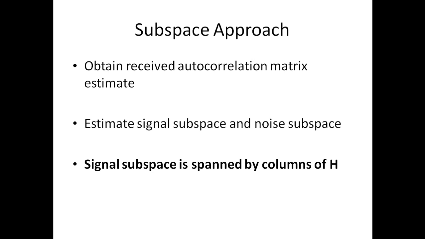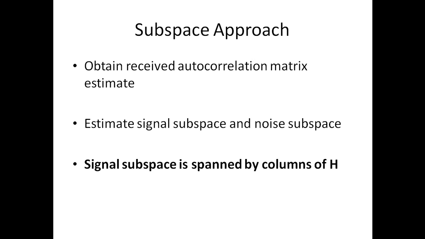The fundamental technique used in this project for channel estimation is the subspace approach. The main assumption in the subspace approach is that the received data autocorrelation matrix is available, or while doing simulations we'll have an estimate of the received autocorrelation matrix, and we have to segregate the received signal into its constituent subspaces, estimating the signal subspace and noise subspace.